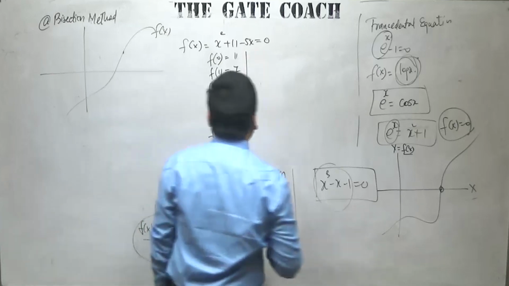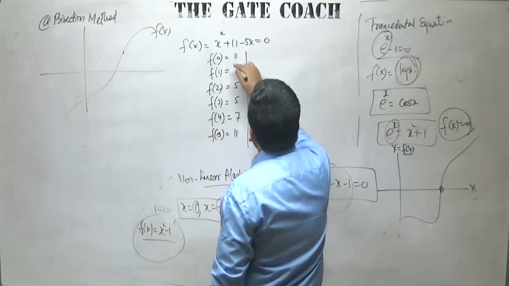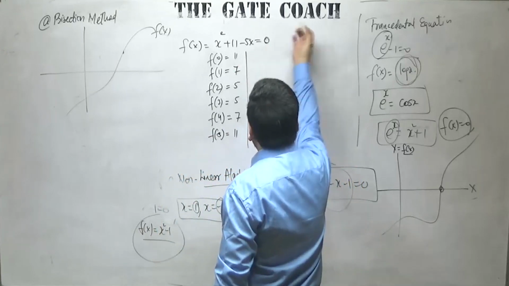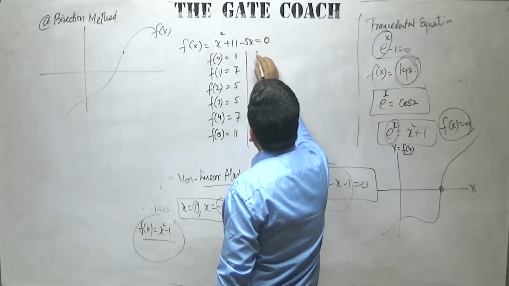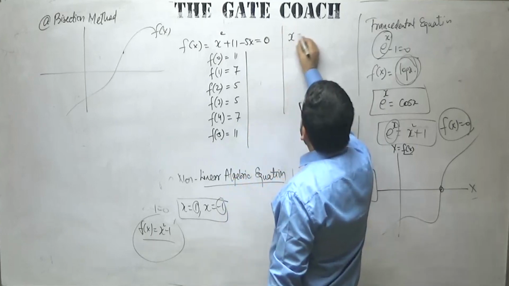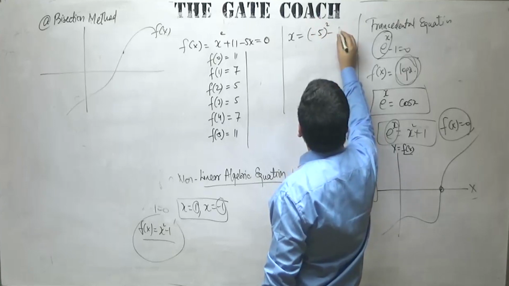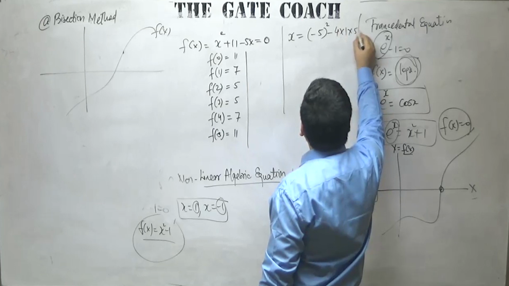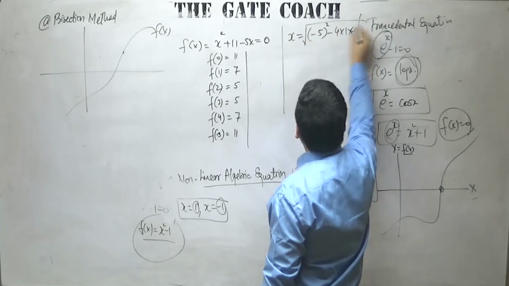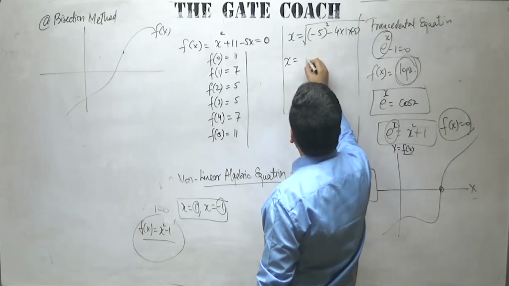Again, some other value. Either the equation is 0, because that is a hypothetical equation which I have taken. So let me write it like this: x is equal to minus b plus minus under root of b square minus 4ac, divided by 2a.